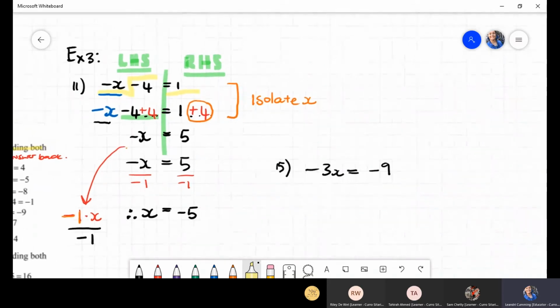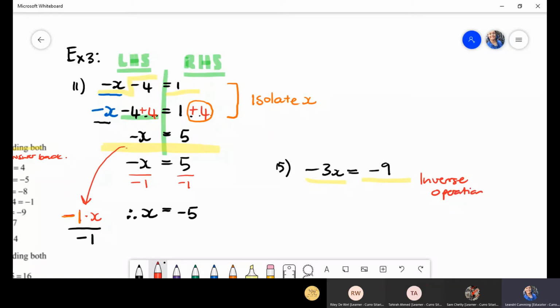Here I only have one term equal to one term. So what we're doing here is we're actually at this point of the typical equation. We're at this point where there's no need for any plussing and minusing. There's only a need for isolating x, for performing the inverse operation.